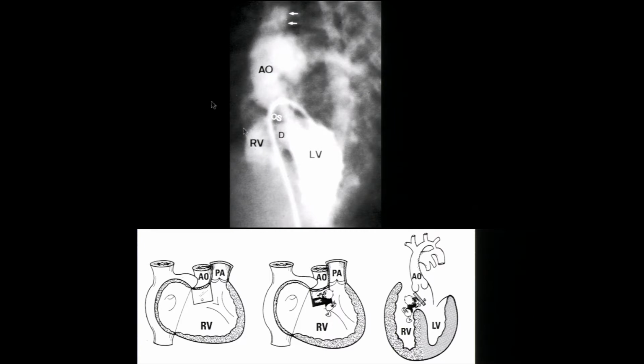And then you have a muscle bundle here. If it is a simple perimembranous VSD, a simple hole, you cannot have the outlet septum below the aortic valve. This is the only mechanism by which you can have the outlet septum below the aortic valve.